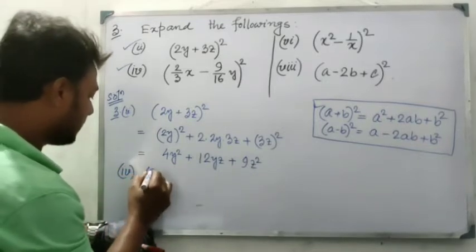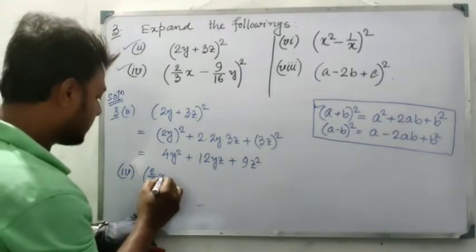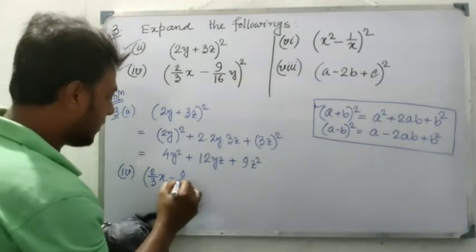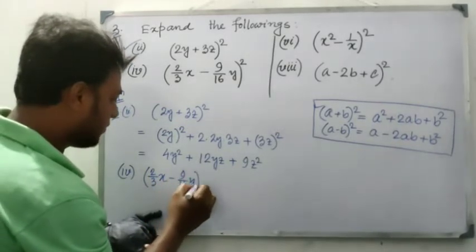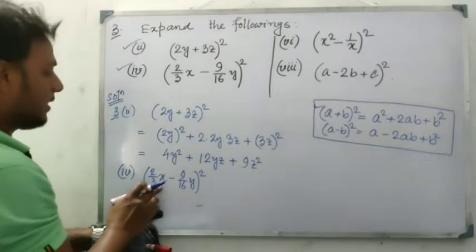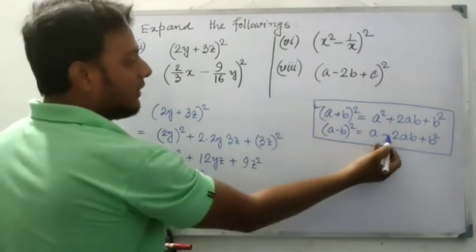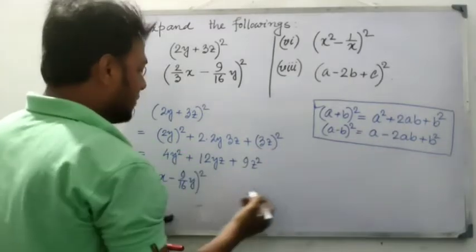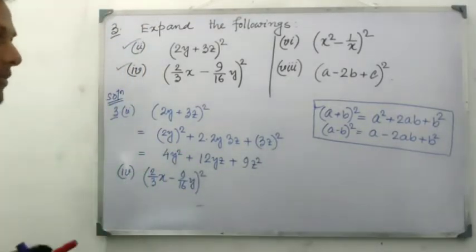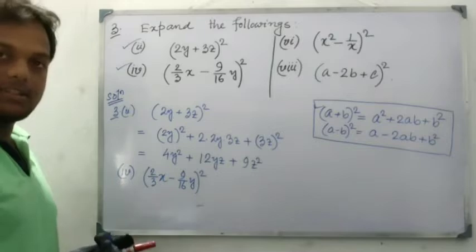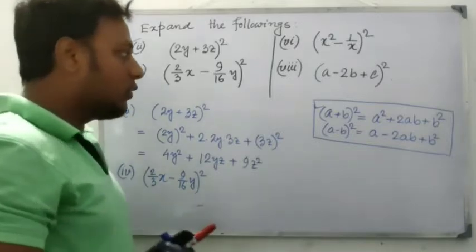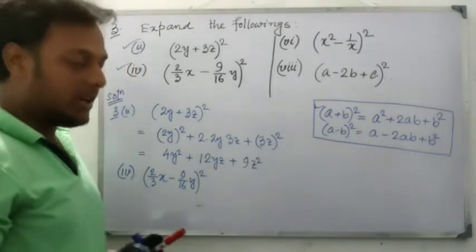The fourth one is given: (2/3 x minus 9/16 y) whole square. So this is like (a minus b) whole square, which means this one. Same thing, the only difference is plus and minus. The sign of 2ab will be plus in the case of plus, and the sign of 2ab will be minus in the case of minus.